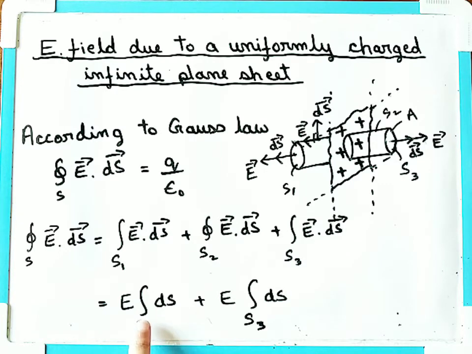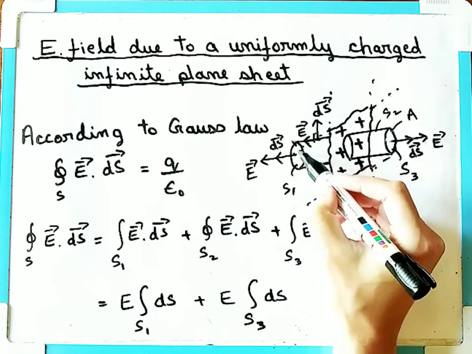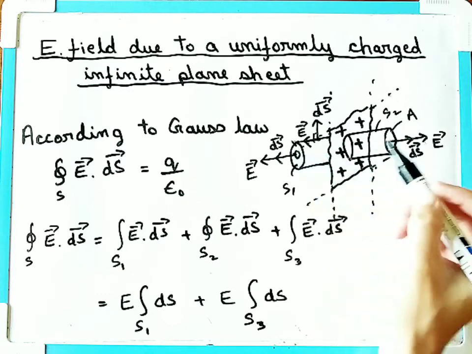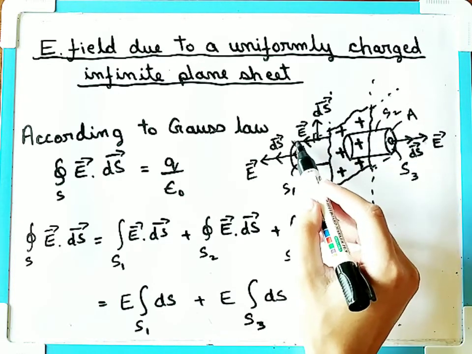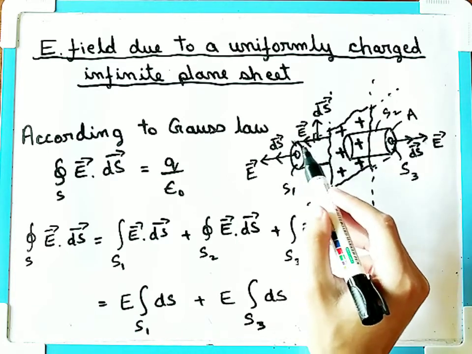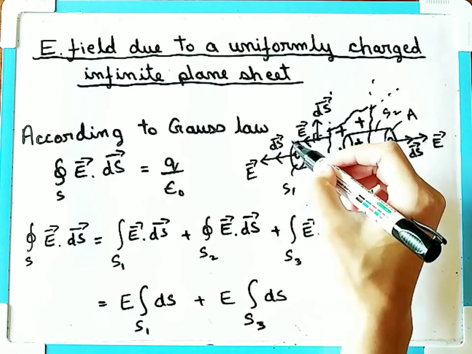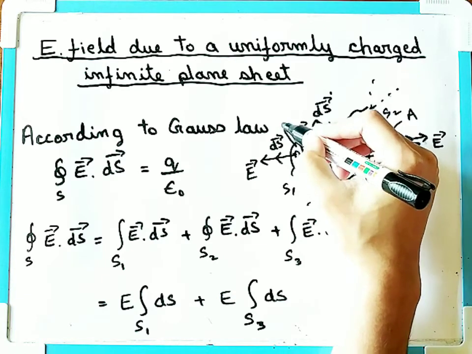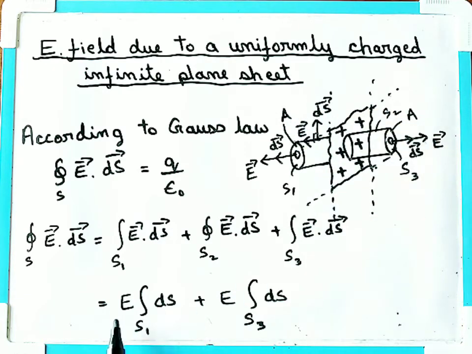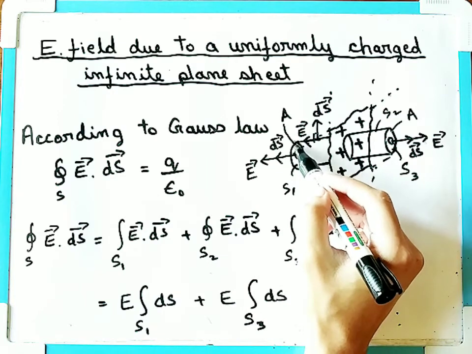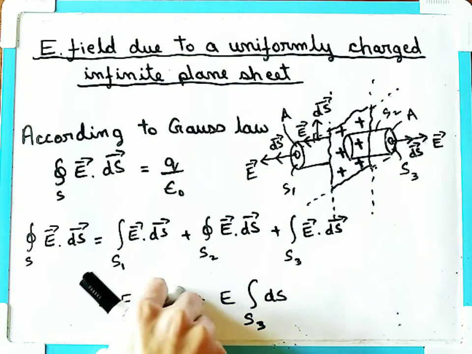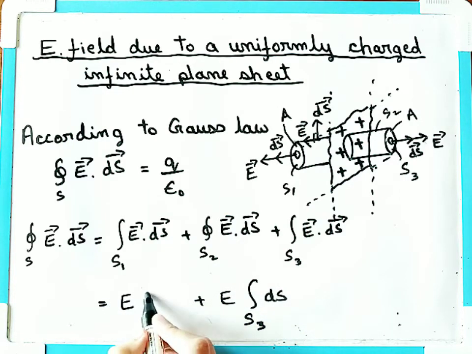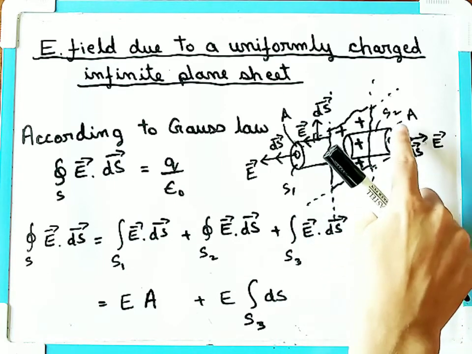So now if you integrate this ds, which is a small area here, if you integrate all the ds, you'll get the whole surface area, which is A. This one also is A. So here instead of this integration, I'll write A, and instead of this integration here, I'll write this A.